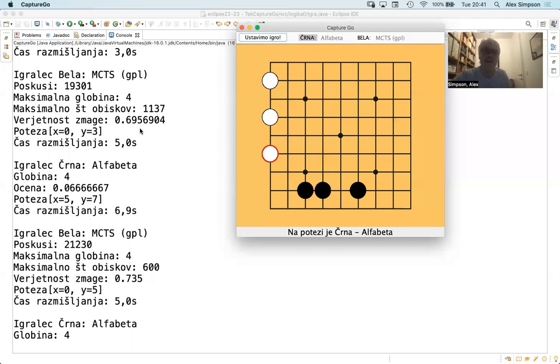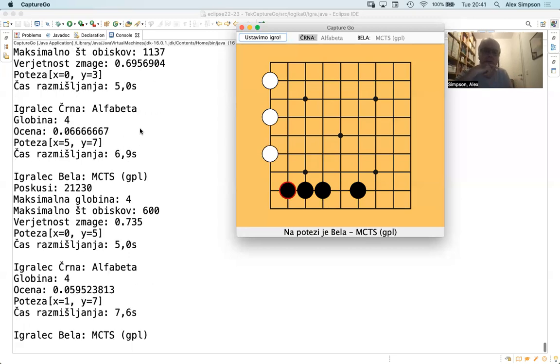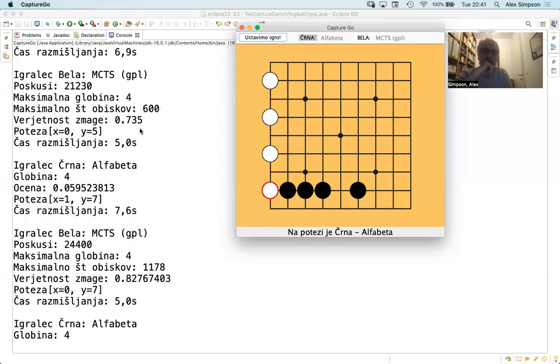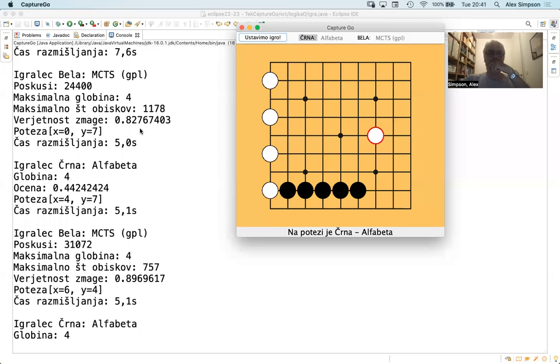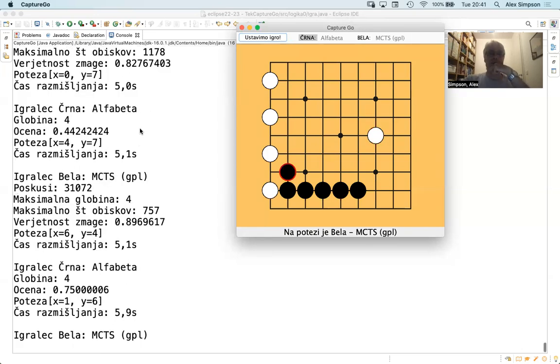As you can see, it's adopting a rather strange strategy, building along the edge here. So Monte Carlo tree search seems to find that, and now it's playing dangerously close to black as well. So this may be a quick victory for alphabeta. I have to tell you, alphabeta wins the majority of the games, but Monte Carlo tree search wins sometimes.